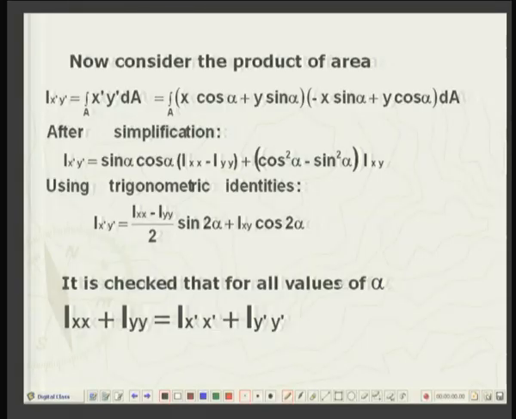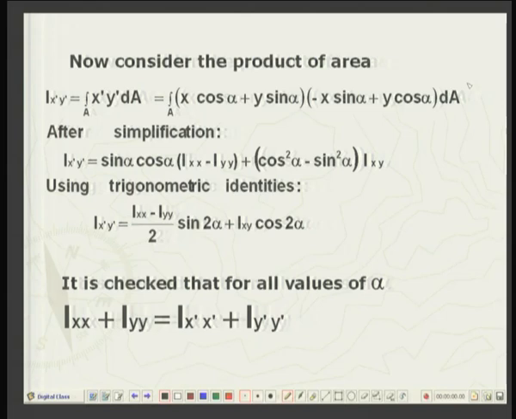By definition, this is equal to the area integral of the product term x dash y dash, again substituting for x dash and y dash from the relationship which we have obtained earlier. So, you get this term for x dash, this second term for y dash, and then you take the area integral over the entire given area.